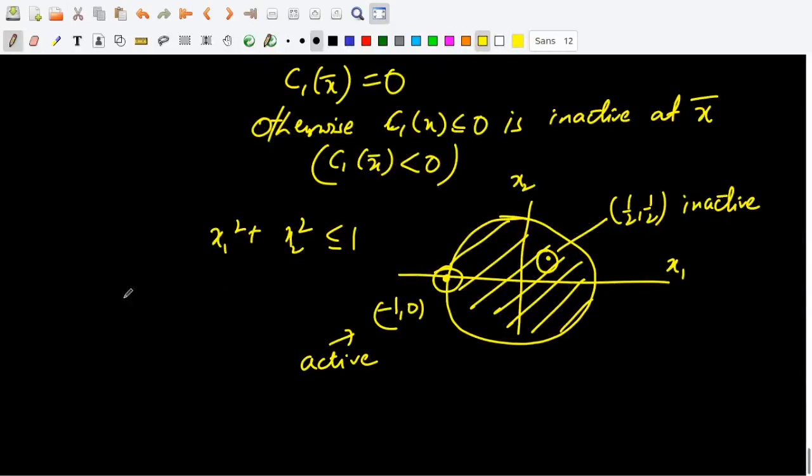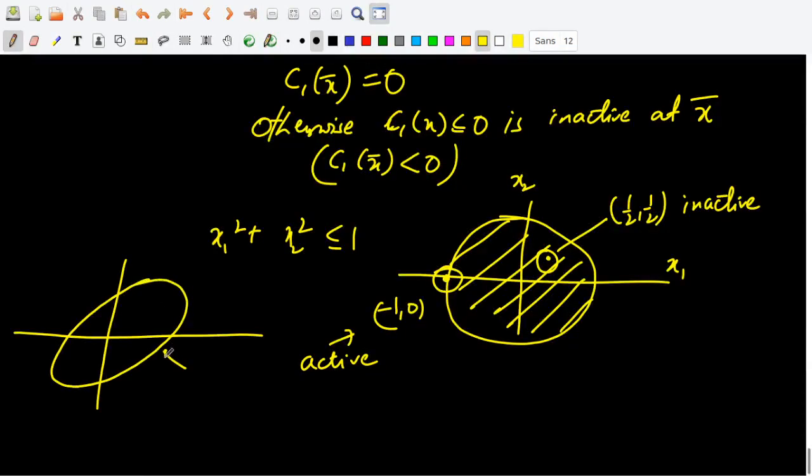So recall that if I plot the contours of a function f, so let's say this is f equal to 1, and if I look at any point and draw a tangent at this point, the gradient is the normal to this tangent in the direction where the function is increasing.